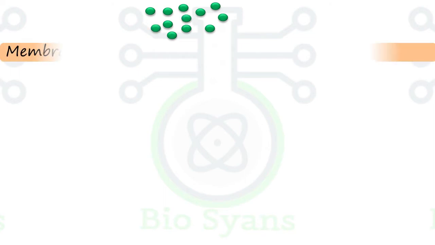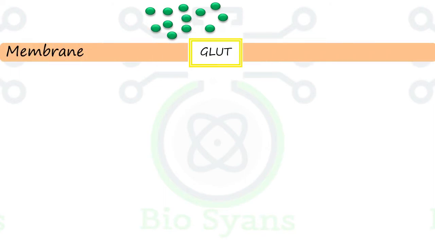Now, as the glucose molecules pass through the bloodstream, they pass from the extracellular to the intracellular space through a glucose transporter called GLUT into the cytoplasm, where the process takes place.